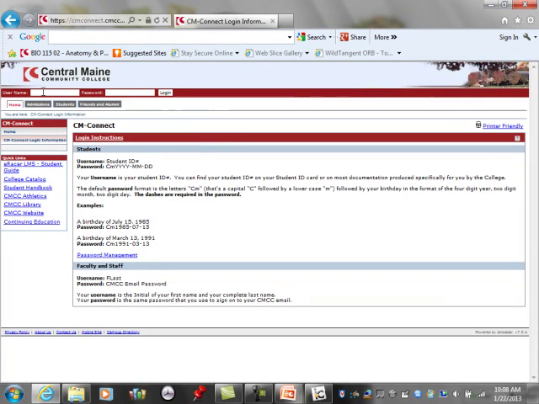If you've never logged into CM Connect, follow the directions on the front page, and then you can go in and change your login information to make it something you can remember. Mine changes all the time, so I hate that. We have to have capital letters and symbols and all that other nonsense. I don't have enough compartments in my brain for all of that information.